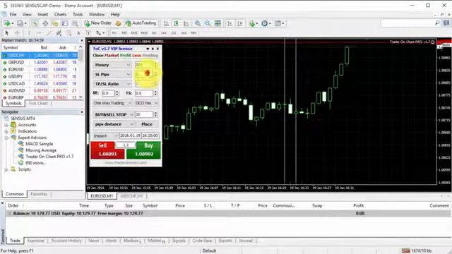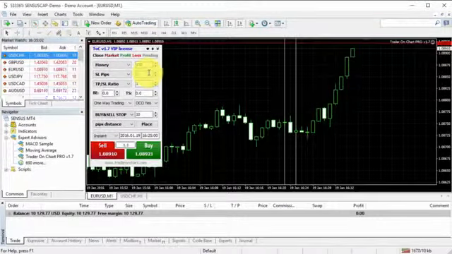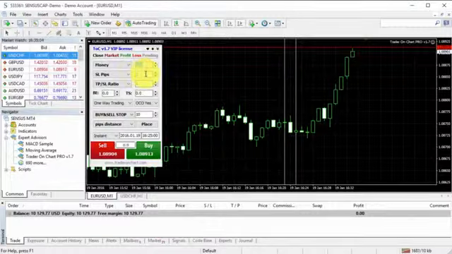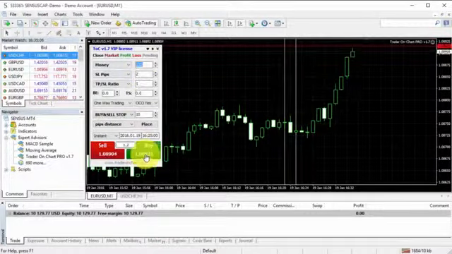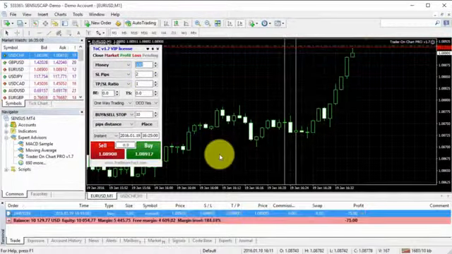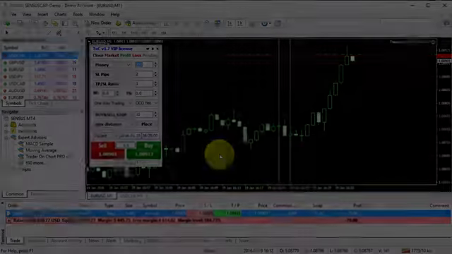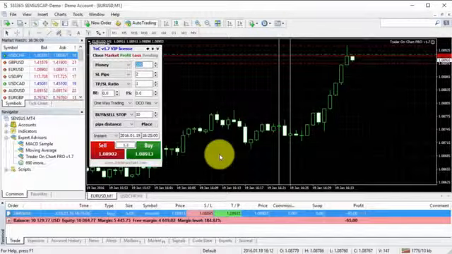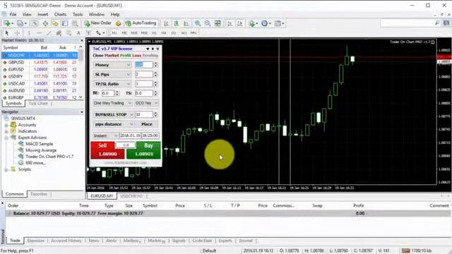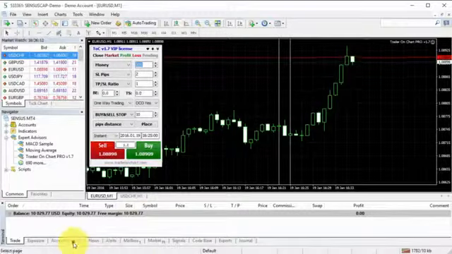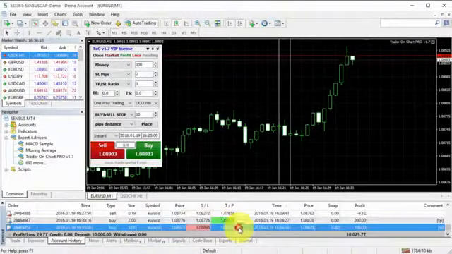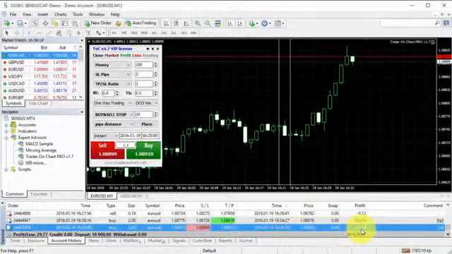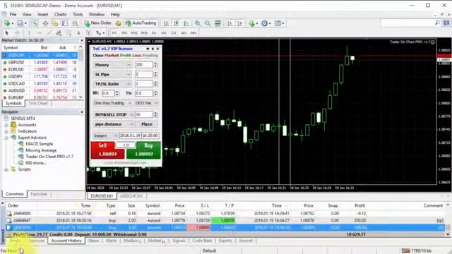So if it goes as planned, it should win $100 or it should lose $100. I try buy again. So my trade got hit stop loss, and let's see, it lost $100, just like I've said.